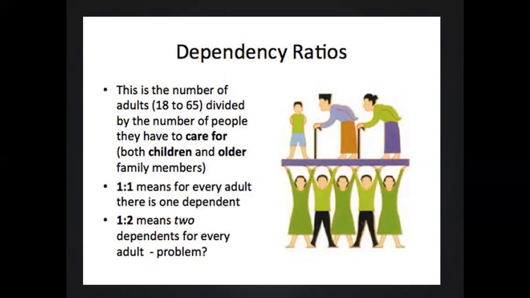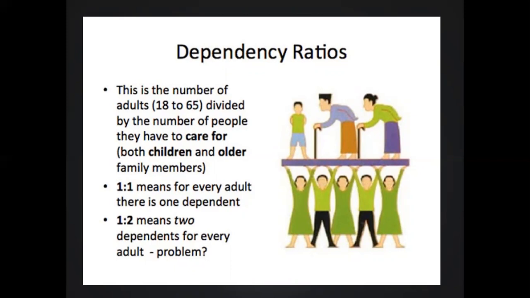So the aged persons and kids are dependent, whereas the young ones are taking the load of them. So the dependency ratio is the number of adults divided by the number of people they have to work for.